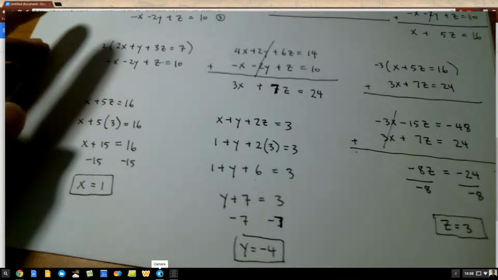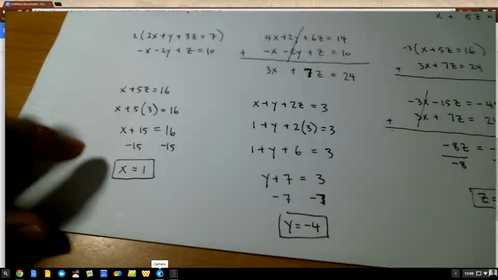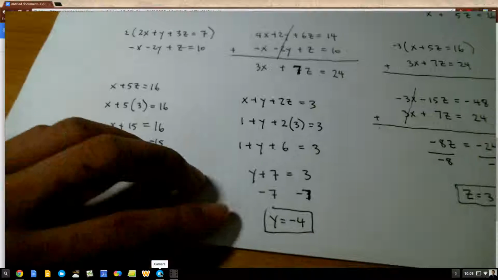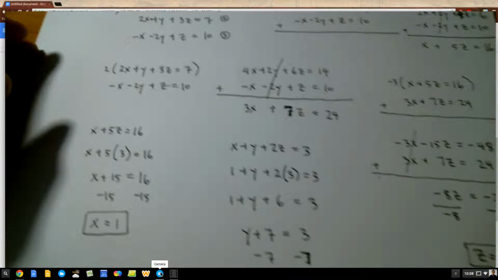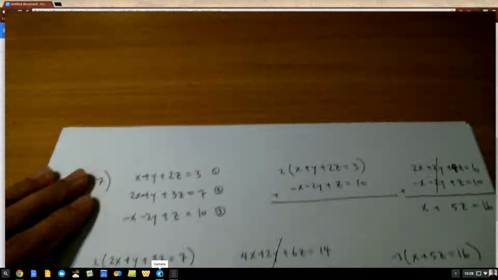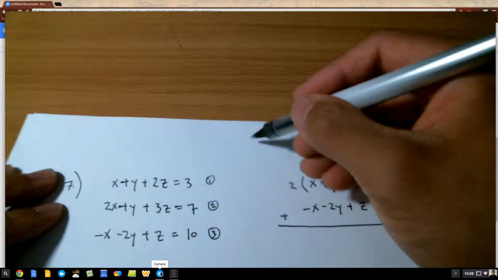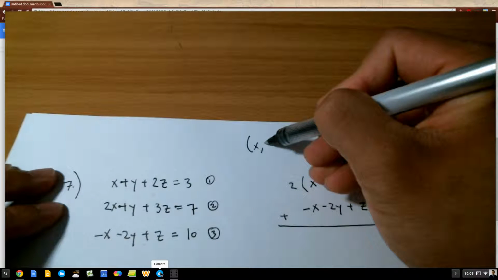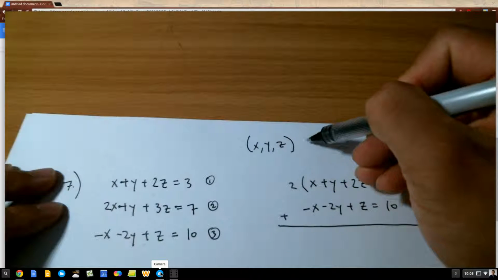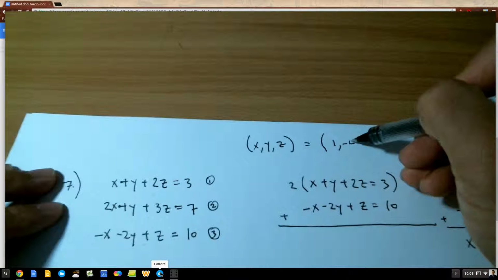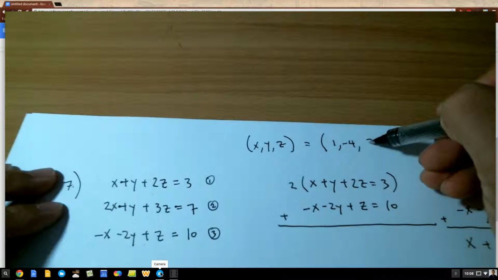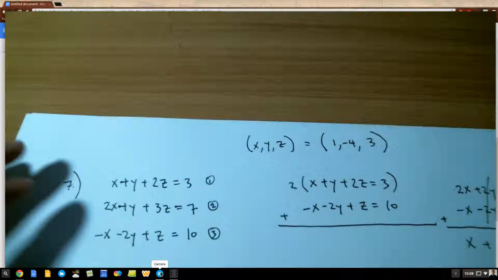So now after all this work, we solved for x, which is equal to 1. We have y, negative 4, and we have z, 3. So our full answer, remember, it's always going to be in the form of x, y, z is equal to, what is x? 1. y, negative 4. And z, 3. And that is our final answer.